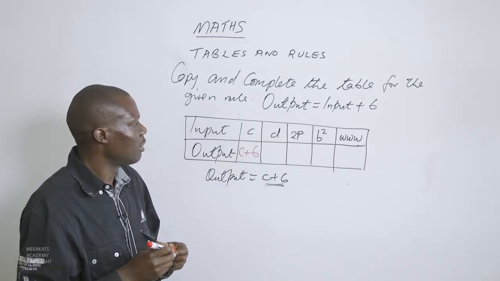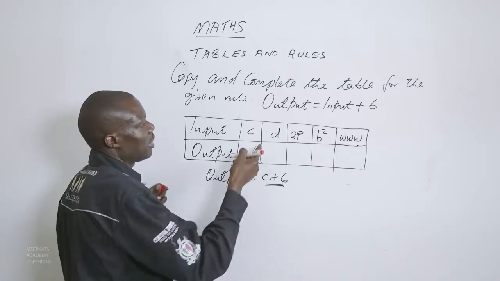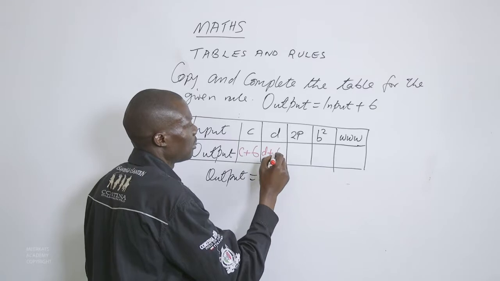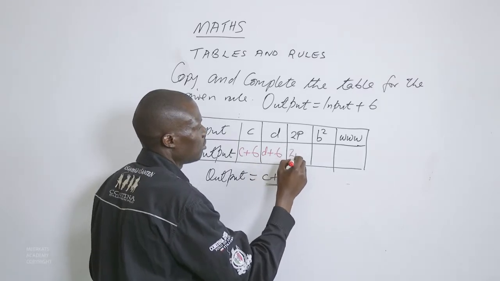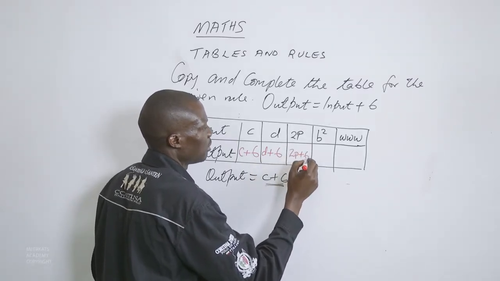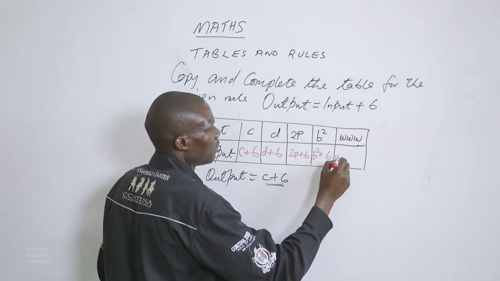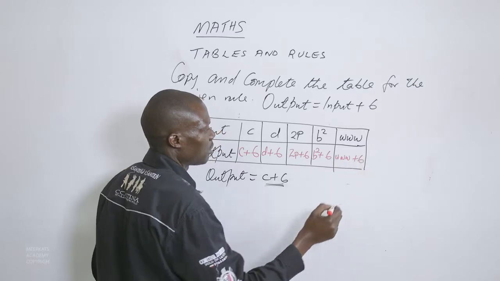For the second one, it is input, which is D, plus 6. The other one will be 2P plus 6. B squared plus 6. W plus 6.